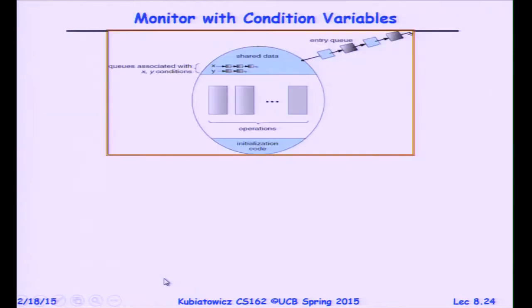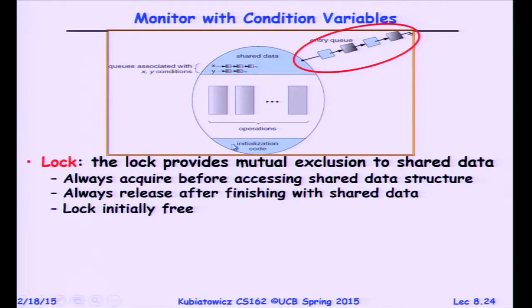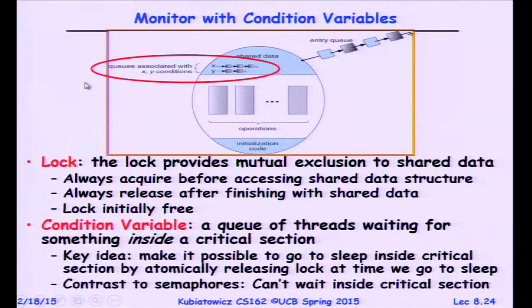If you look, this is from the dinosaur book. They show this picture here. A monitor is a complete pattern of code and data. The lock basically provides mutual exclusion to the shared data, and the condition variables are queues of threads that are waiting for something inside a critical section. Now this is a crucial difference from what we normally think of with locks.